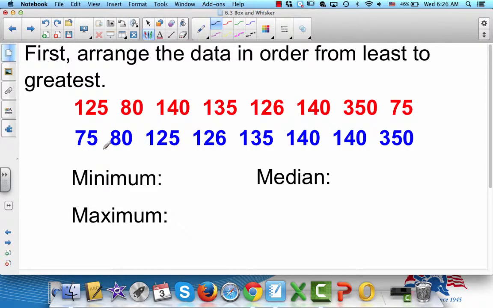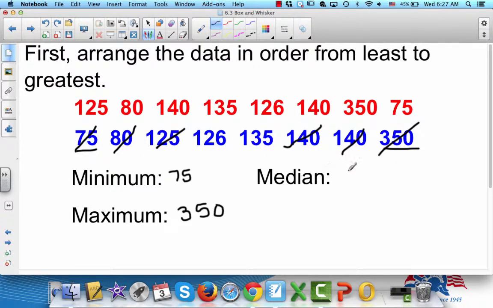Okay, so what is the minimum of this data? Yes, 75. And the maximum is 350. And the median, all right, we'll do this the way y'all like to, mark off the 350, 75, 140, 80, 140, 125.